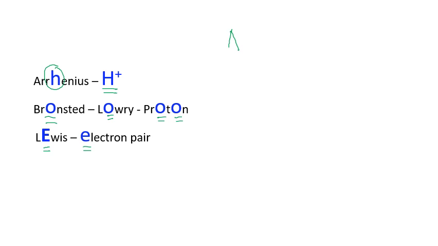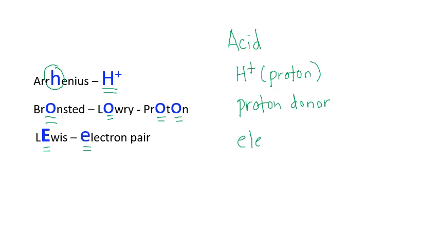Now let's see how we remember the definition for acid. According to Arrhenius theory, an acid is the species which will produce H+ when dissolved in water. Another term for H+ is proton. So after producing the proton, it will become the proton donor. Later, they will accept the electron pair.